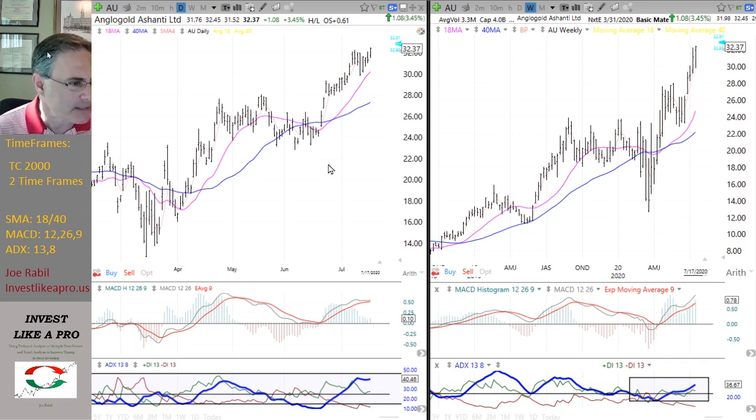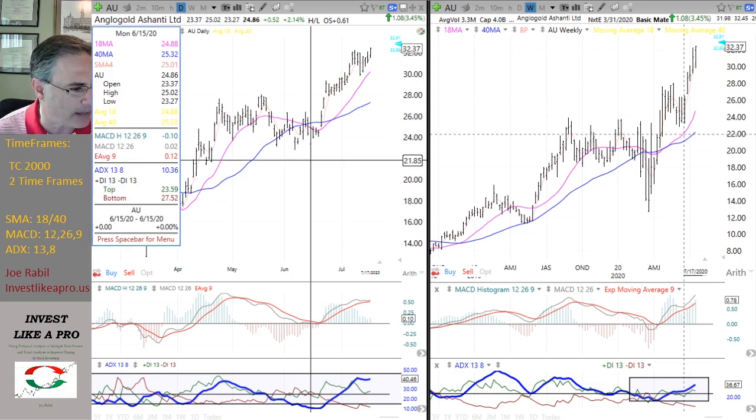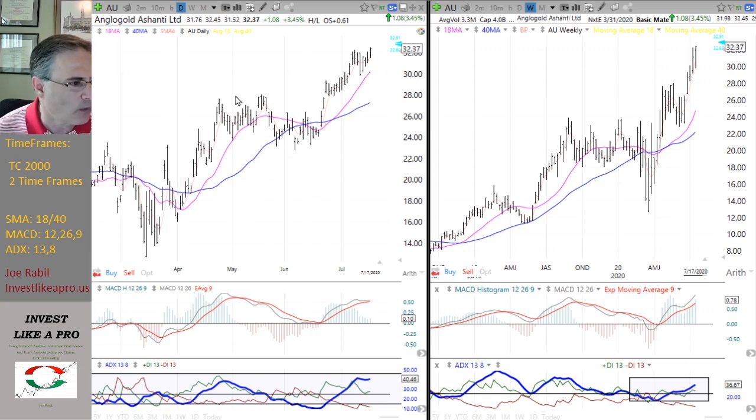So let's take a look at the daily and say, okay, I know the moving average environment is what I want, but look at what the MACD is doing here. So we had the 18 cross down below the 40, and then look at the MACD doing a perfect zero line reversal. Not even crossing down below, it just hovered right at the zero line.